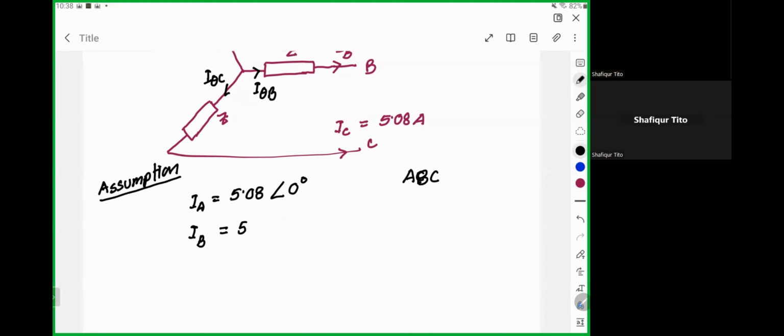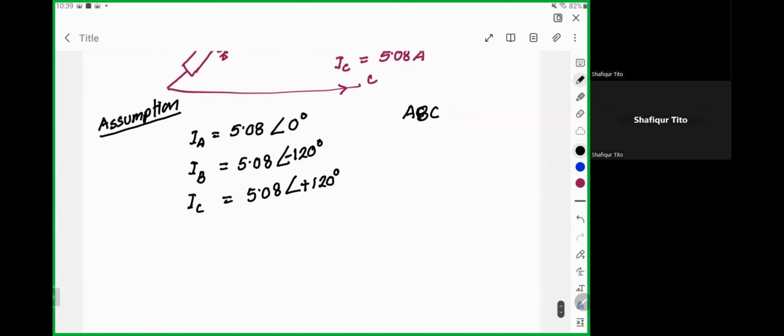As it has not been mentioned, but I know that our line quantities will be 120 degrees apart in phase shift, I can make this assumption, and that will not change anything. So IB will be 5.08 at an angle of minus 120 degrees, and IC I can consider as 5.08, making an angle of plus 120 degrees.